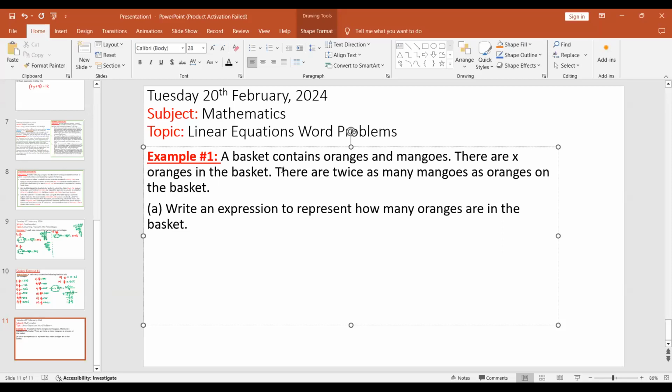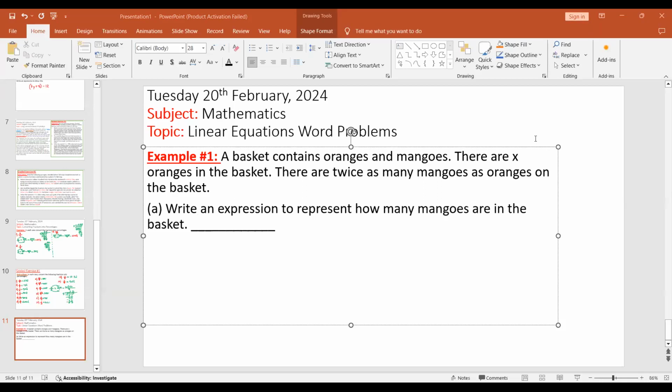Let's say mangoes, that's what I want. So how are we gonna figure out how many mangoes are in the basket? What's gonna be the expression that we use? Anyone have any idea? No one? Everybody's always silent on any equations.